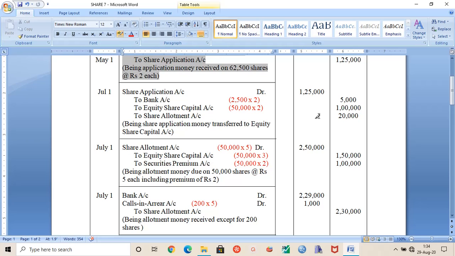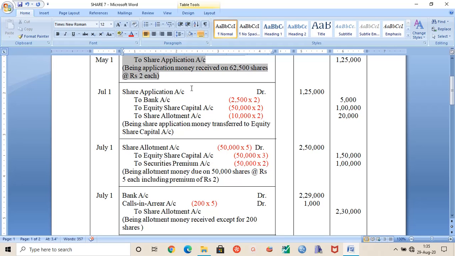But this is a very simple case, that excess money of this 10,000 number of shares was used for the adjustment here. Let me show you. This is actually the case.